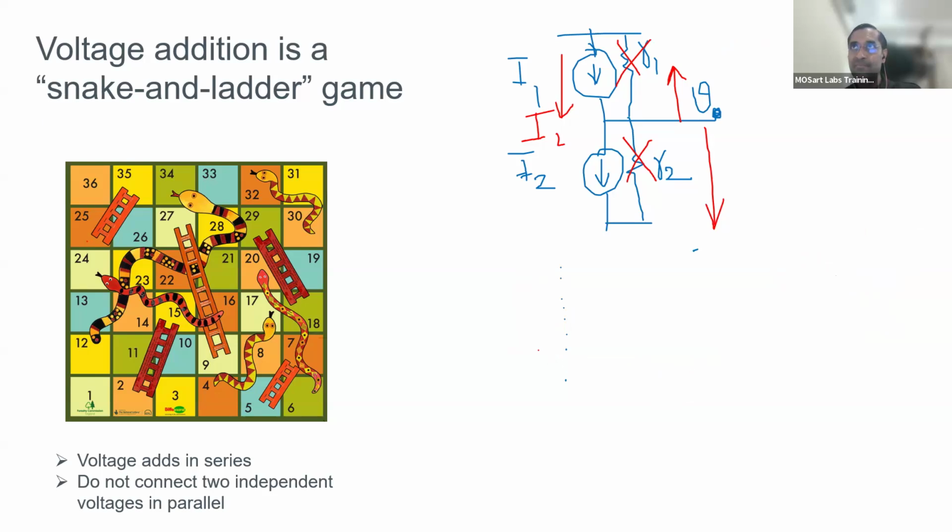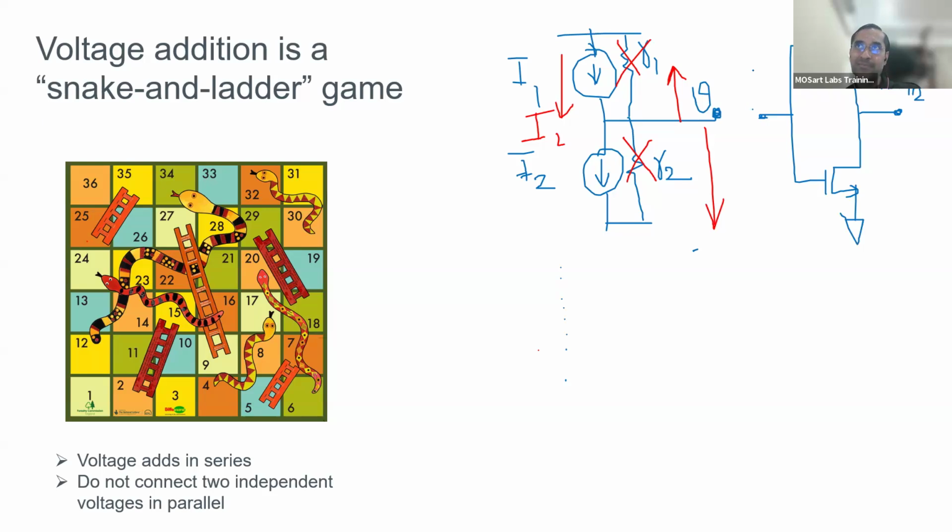I have PMOS on the top, I have NMOS on the bottom. Now when I'm exactly balanced, my current in PMOS and NMOS are the same, theoretically I should go to VDD by 2.